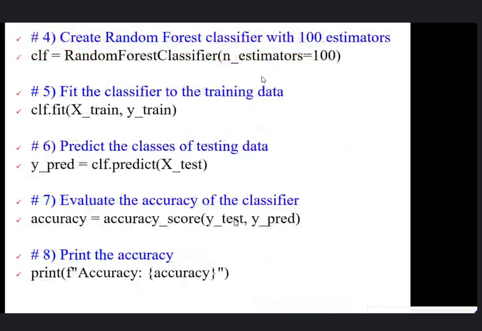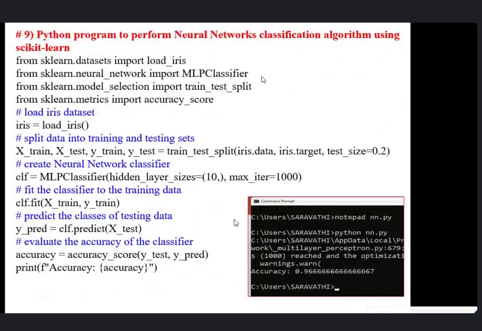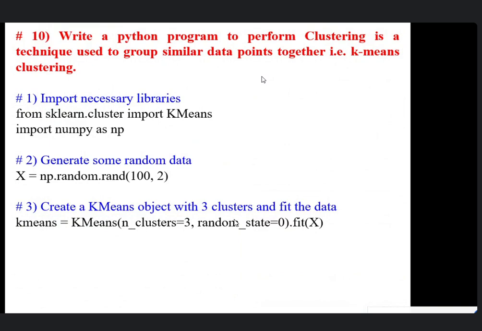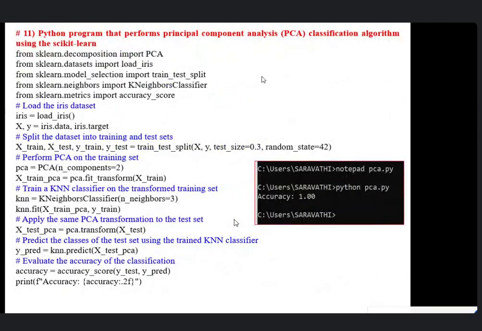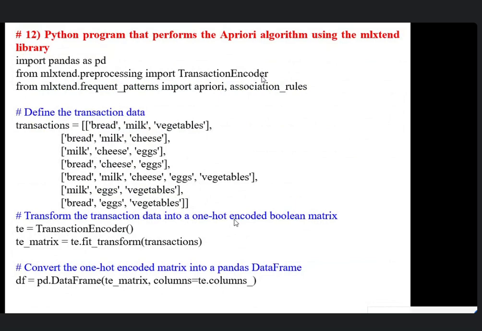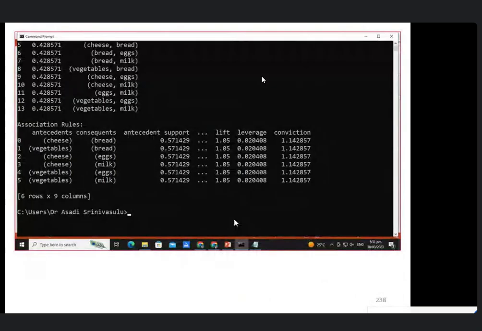Then random forest algorithm, then neural networks, then the k-means clustering algorithm, which you can call a clustering algorithm. Then the principal component analysis, the 11th program. Then we will implement the association rule mining algorithm, the Apriori algorithm.